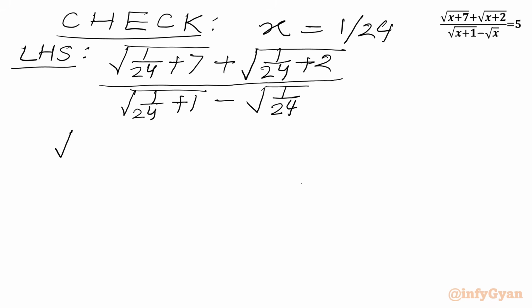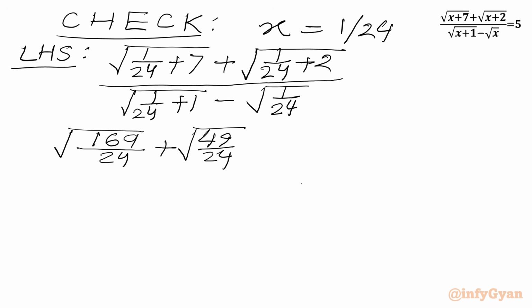We will write equal to square root of 1 plus 24 times 7 is 168. I am writing 1 plus 168, 169 over 24, plus 1 plus 48, 49 over 24. In denominator 1 plus 24, square root of 25 over 24, minus 1 over 24.